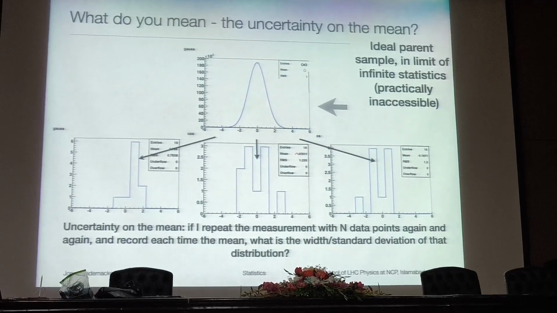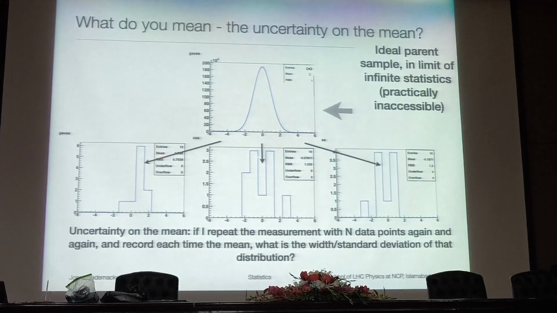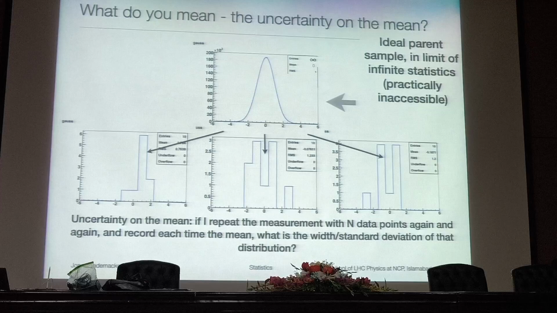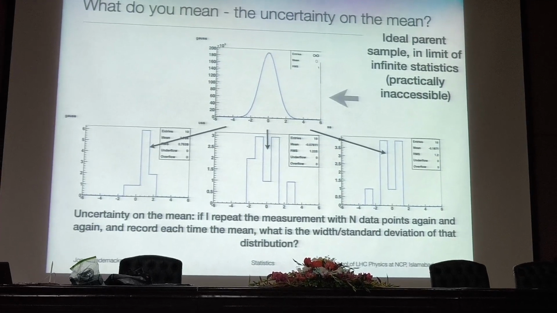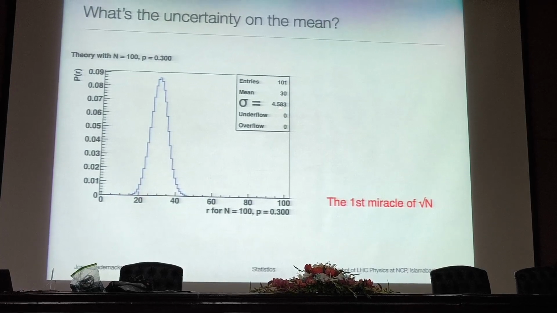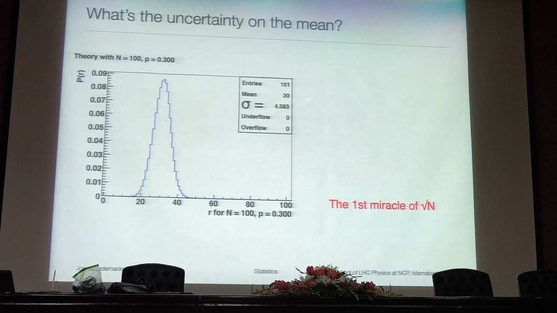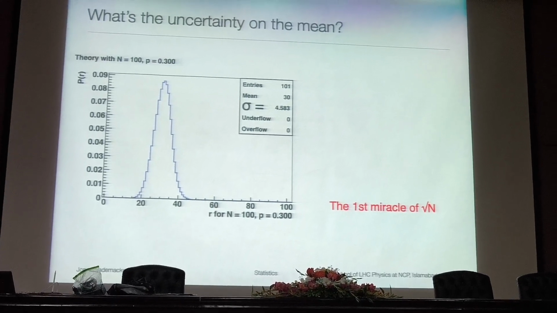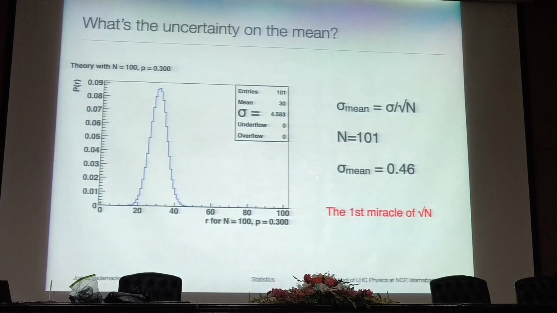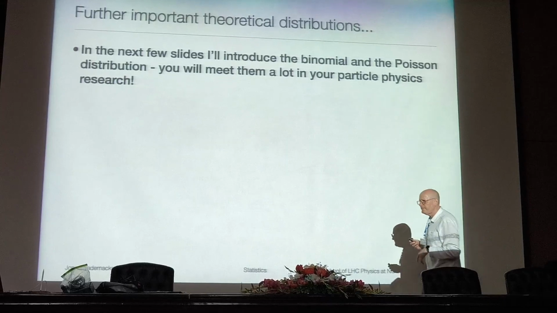I take another measurement, I get another measurement of the mean and the width, etc. So these means, if I put them in a histogram, they will fluctuate a little bit. They form a distribution. And it's the width of this distribution that I mean when I talk about the uncertainty on the mean. So in the previous one, I took 101 data points. If I repeated this many times, I would get also a jitter on the mean I get. And the width of that jitter, that will be this number. Okay, so that's what I mean by uncertainty on the mean.